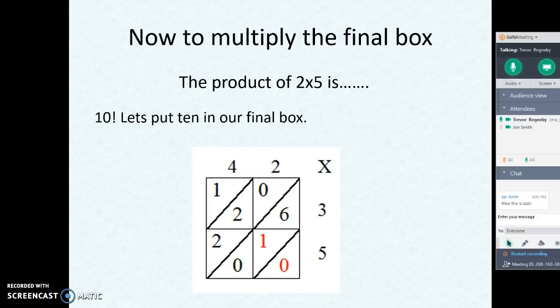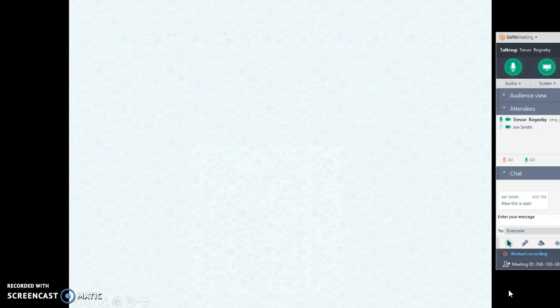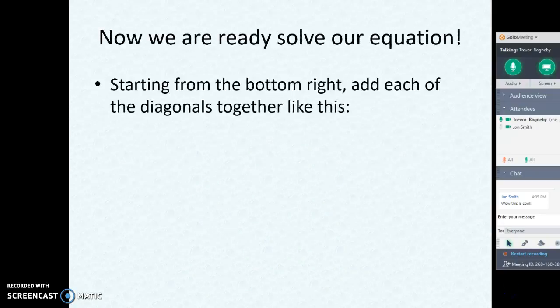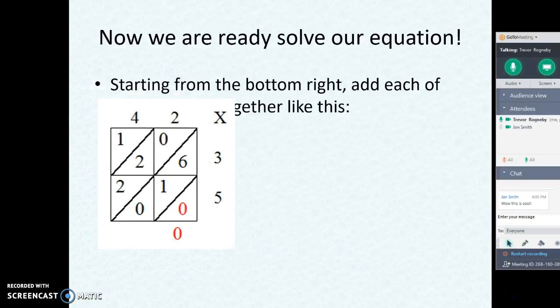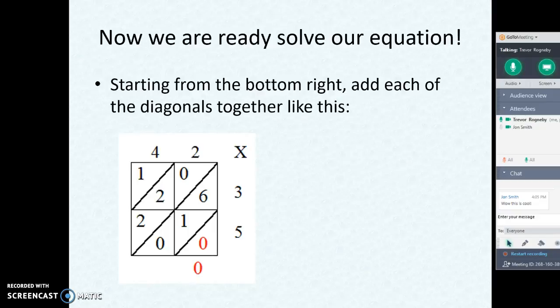So multiplying there, you're finished with the multiplication part of it. Now we move on to the addition. So starting from the bottom right, you're going to add each of the diagonal lines together like so. 0 plus nothing else is 0.